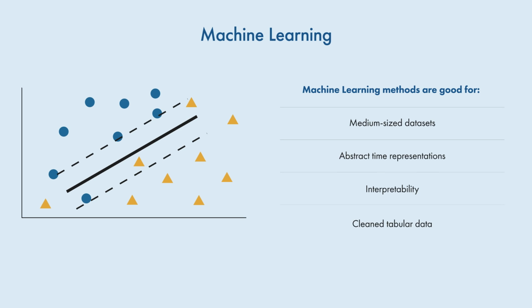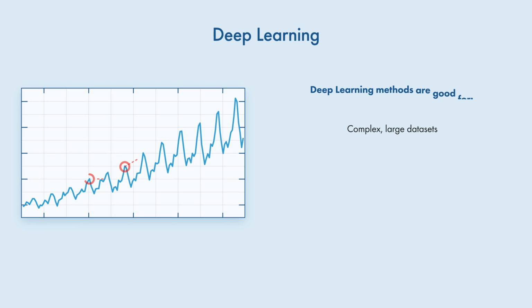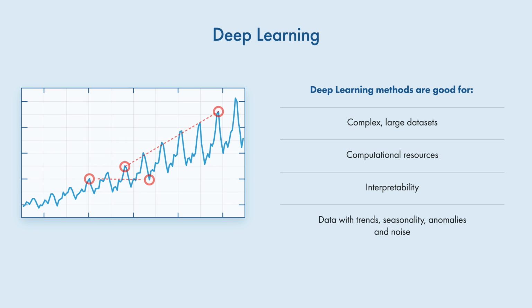When time does not need to be sequentially represented for predictions, use machine learning models like SVR. These also tend to be more interpretable than deep learning models. For more complex or large data sets, deep learning models like LSTM and transformers capture intricate dependencies, but could require more processing power and larger data sets for training.